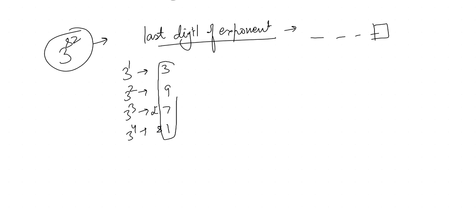If we keep doing that, 3 raised to power 5 will end with 3. 3 raised to power 6, I'm just writing the last digit, ends with 9. 3 raised to power 7 will end with 7. 3 raised to power 8 will end with 1 and so forth. This sequence of 4 digits keeps repeating itself.